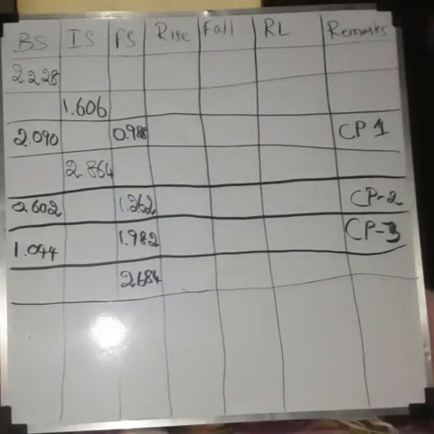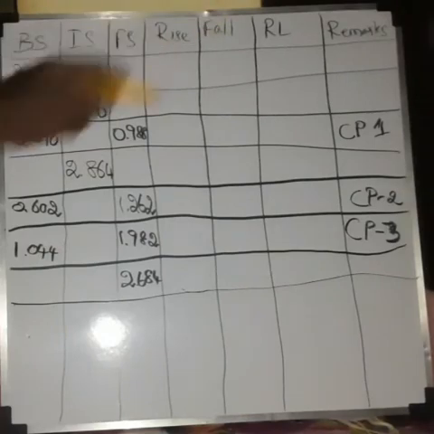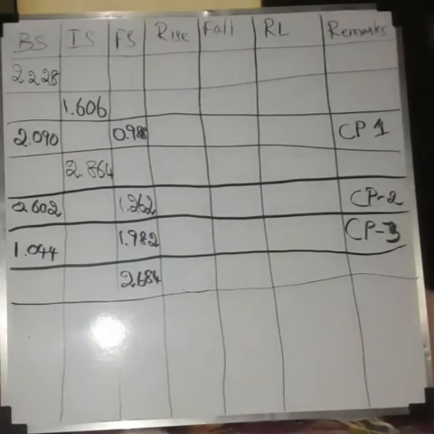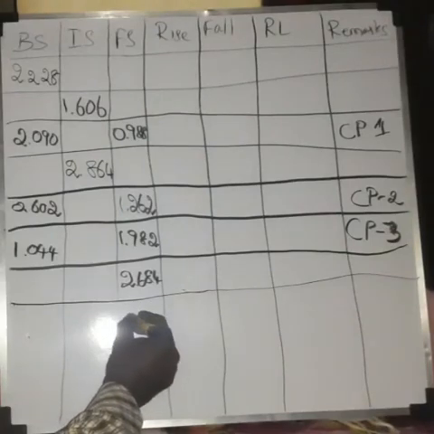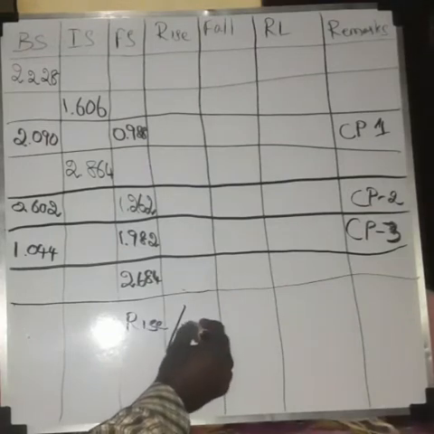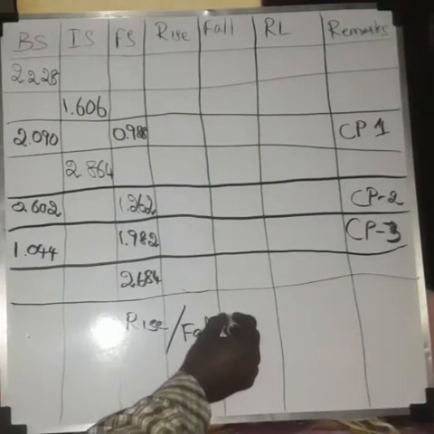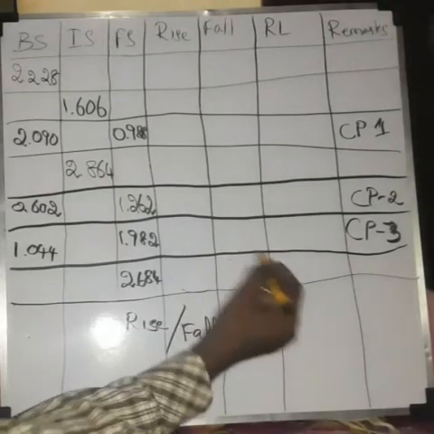Step 2: find the rise or fall value. How to find the rise and fall? The rise or fall is equal to the difference between the successive values.